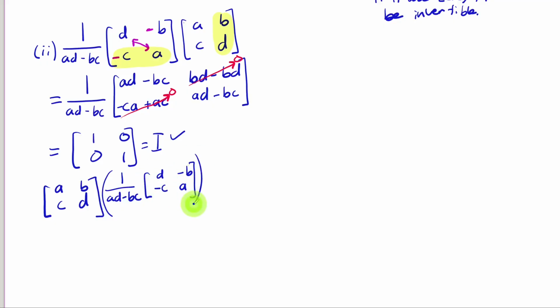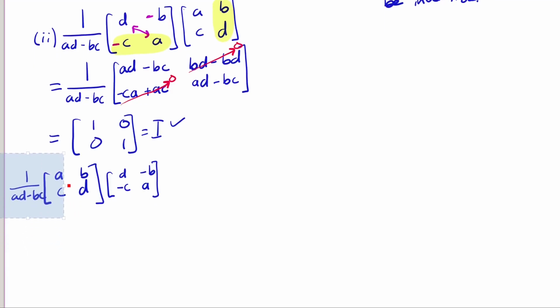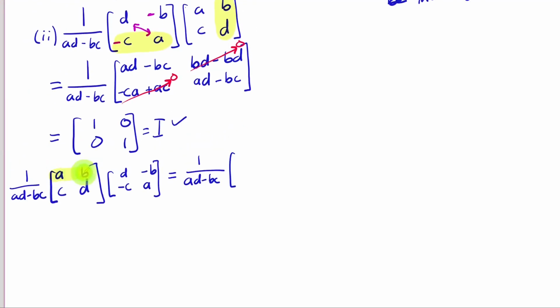Well, we had a theorem about how there's an associative rule with matrix multiplication, so we can go ahead and take that out and do this on the front, like so. And using the row column rule, we're going to get ad minus bc here.